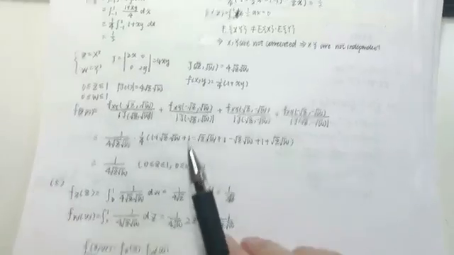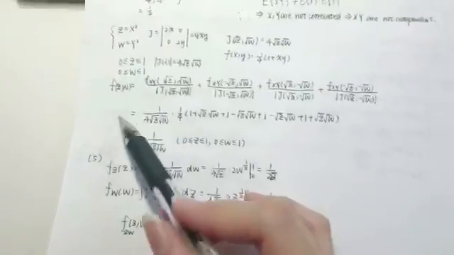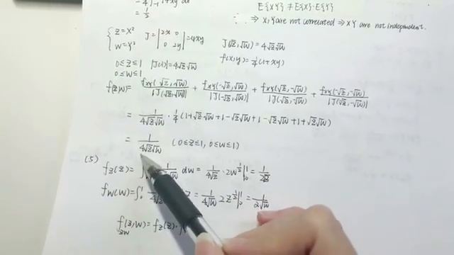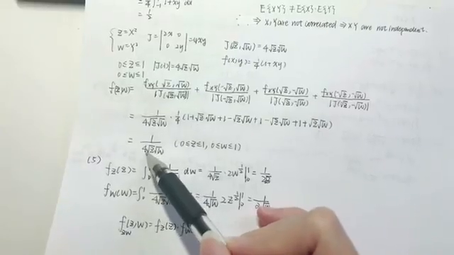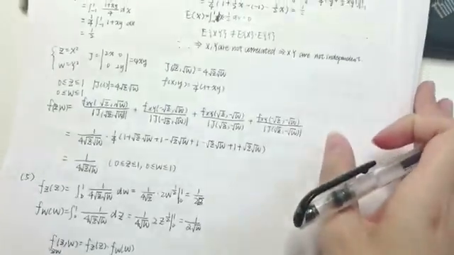And when we have calculated each, we can get the joint density function of z and w, that is 1 divided by 4 multiply square root of z and square root of w.